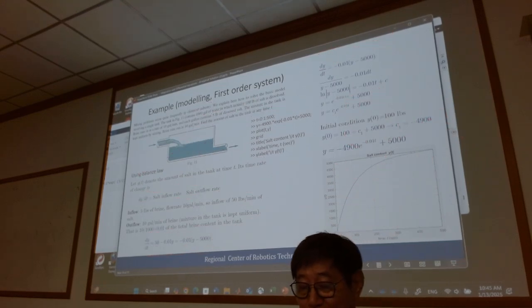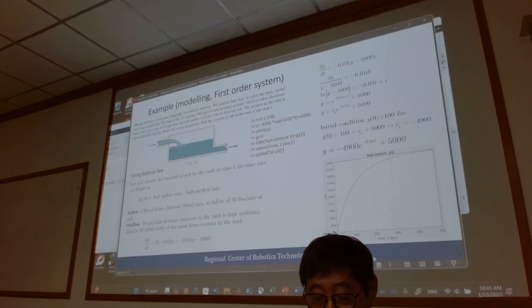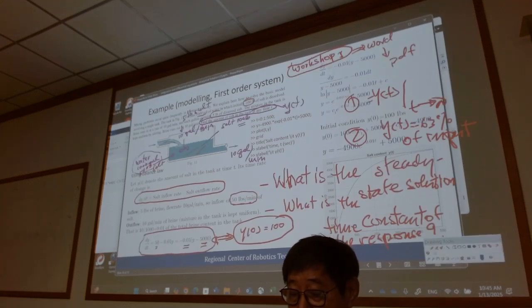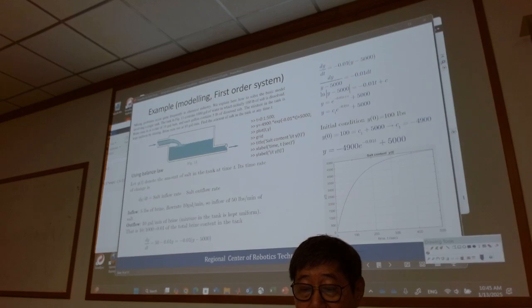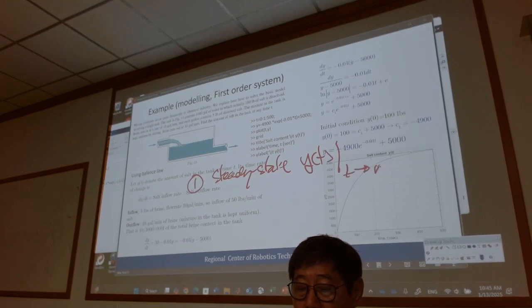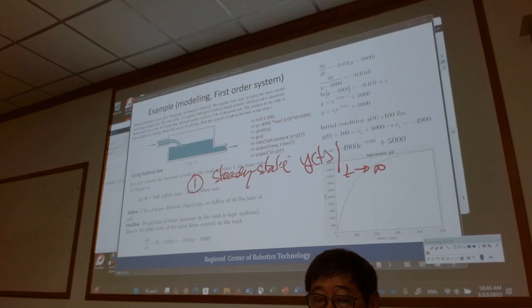Let's see. Number 1, steady state: y(t) as t approaches infinity. This is the steady state.